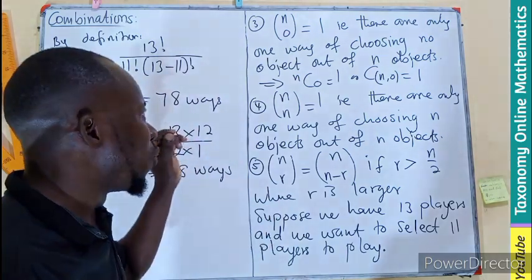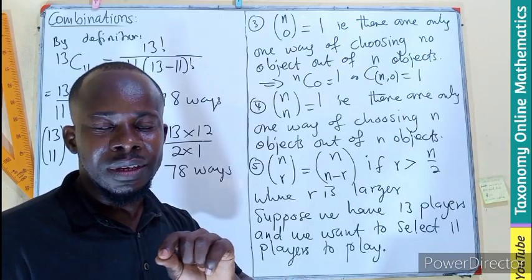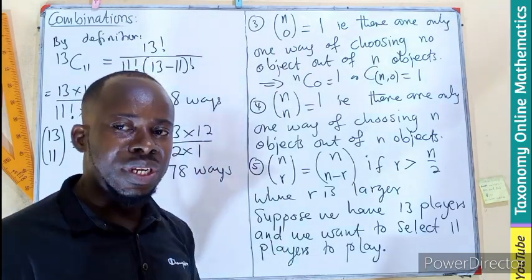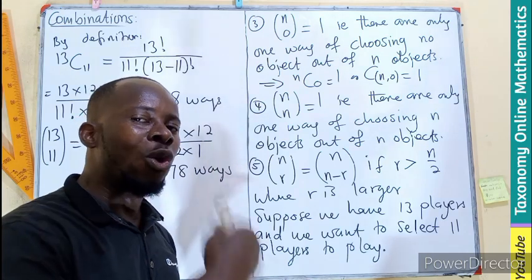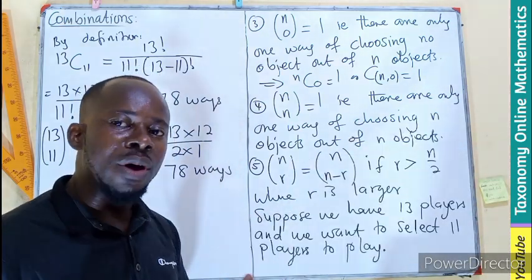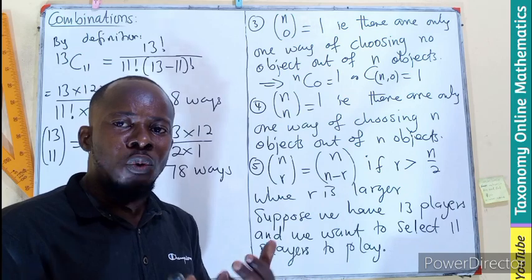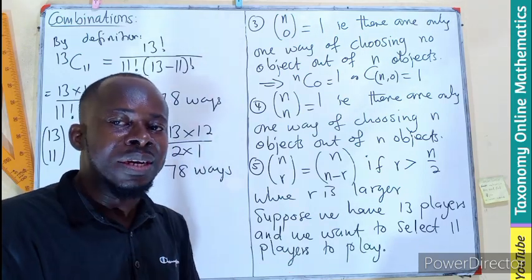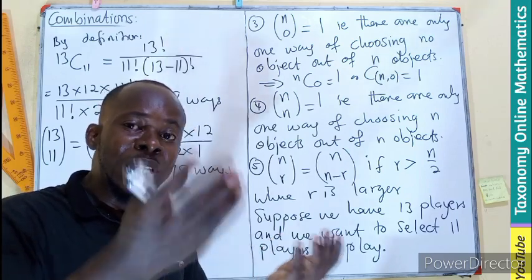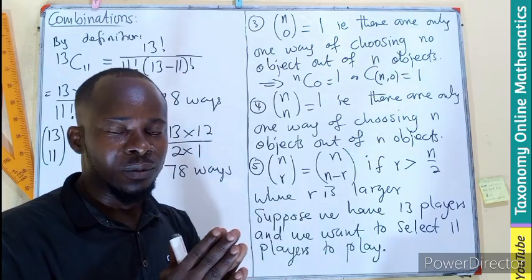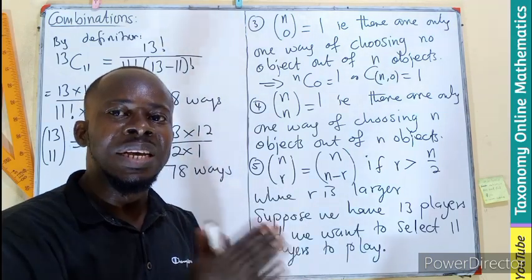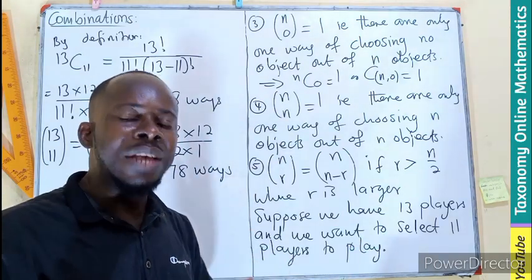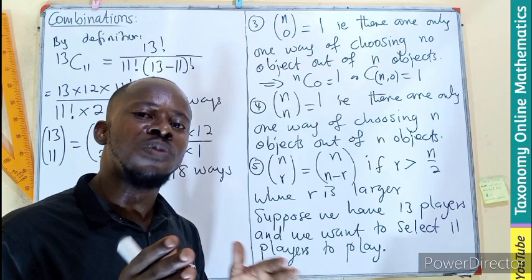One, when there is the word selection of objects. Selection is dealing with what? Combination. When there is the word arrangement, arrangement is dealing with what? Permutation. Or when you can understand the wording of the question to tell whether the order of arrangement or selection is important. When the order is important, then you are dealing with what?